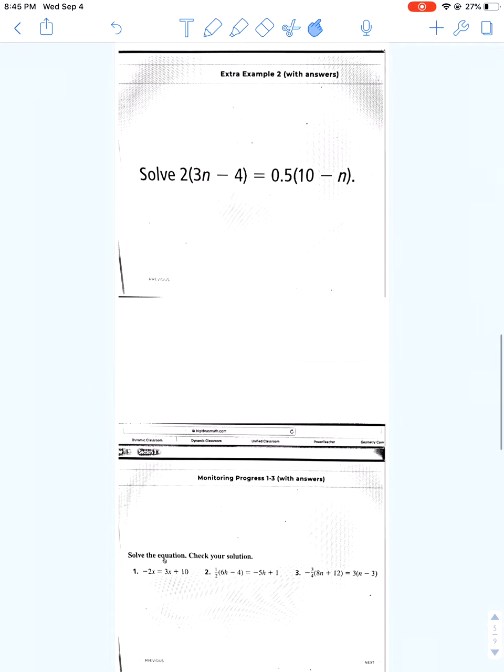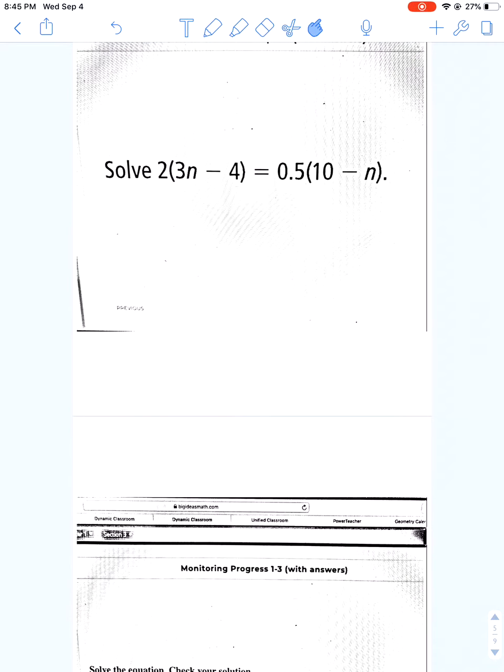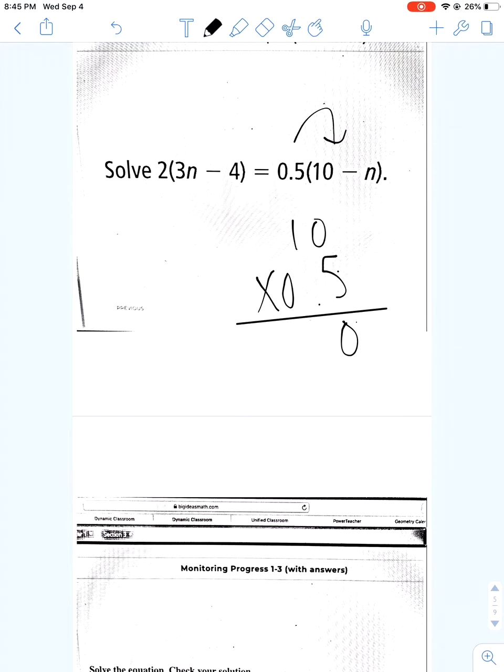We're going to just skip this one. It's really similar to what we just did, but when we're distributing a decimal, just go ahead and write it all out. So this is 10 times 0.5. So that's 5 times 0, which is 0. 5 times 1, which is 5.